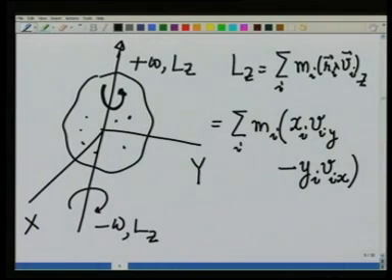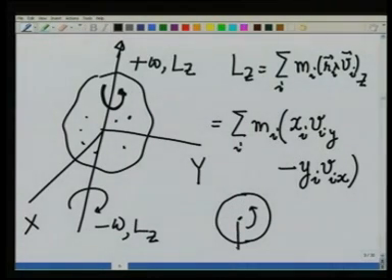Now, let us look at any point, the ith point, moving. It is really moving in a circle about this axis. As I said earlier, let this be the x axis, let this be the y axis. So, the velocity v at any given point is in this direction, the phi direction.